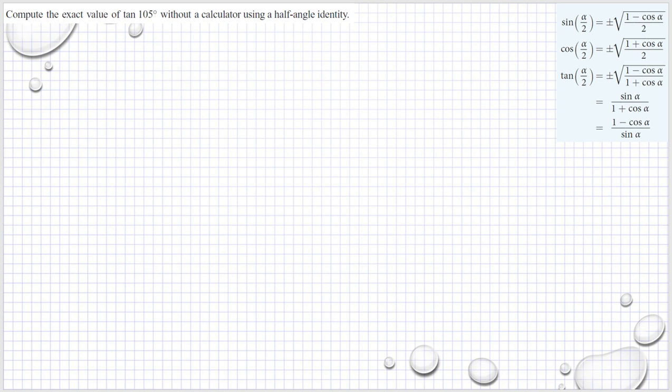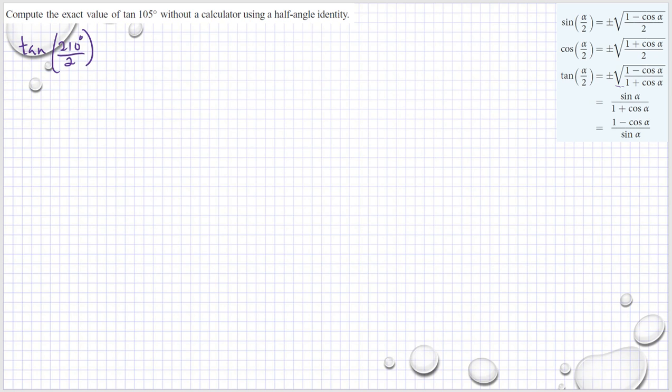Next, tangent. Compute the exact value of tangent 105 degrees without a calculator using a half angle formula. Okay, let's see if we can solve this. Tangent 105 degrees. If we double that, it becomes tangent of 210 degrees divided by 2.